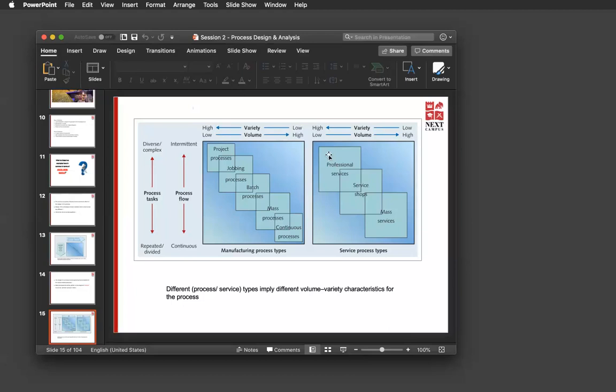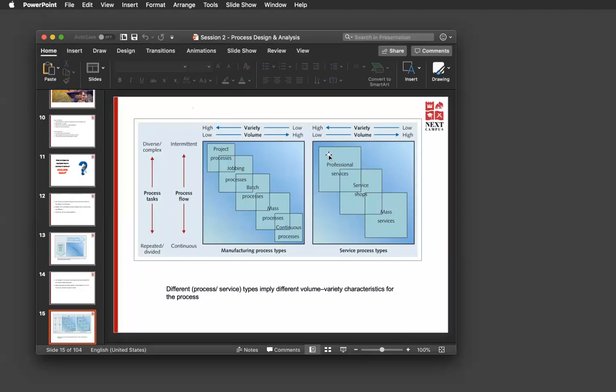So the solution that is given to you may not be applicable to somebody else. Therefore, it is unique, and the variety is high for that particular service, but the volume is basically low. You can't actually repeat it.